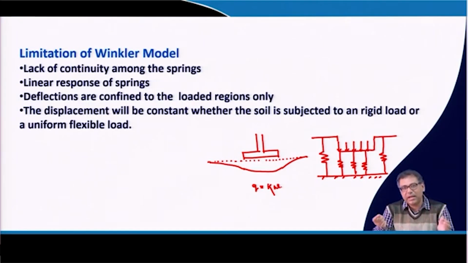So, if at the edge you put the stiffer spring and in the middle you use the weaker spring, then definitely at the middle you will get more deformation compared to the edge of the foundation.